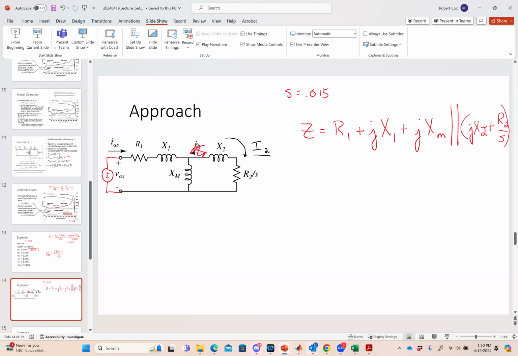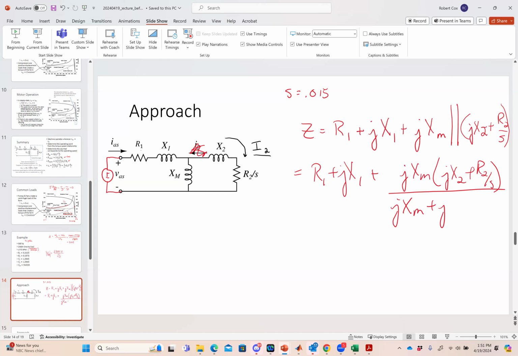If I simplify that, it becomes R1 plus JX1 plus JXM times (JX2 plus R2 over S), over what? You guys remember? The sum of those two. I'll write it this way: JXM plus JX2 plus R2 over S. All right. That's my impedance.